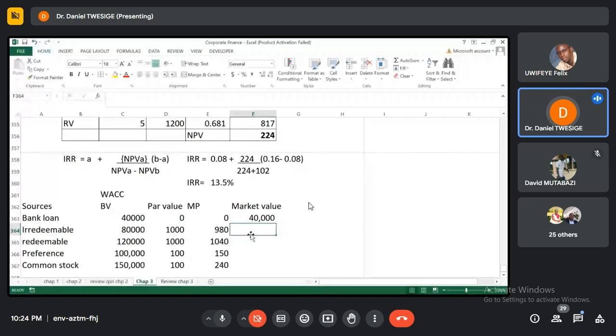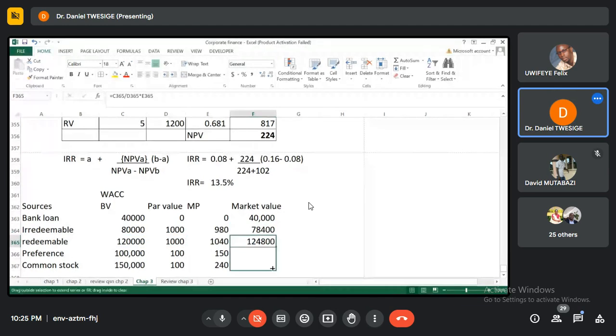Now, for these which are selling, I will get the book value divided by the par value multiplied by the market price. I get the market value. I can repeat the same thing: book value divided by the par value multiplied by the market price.